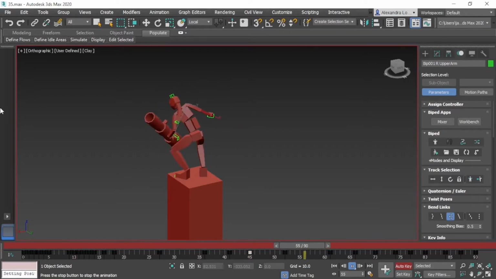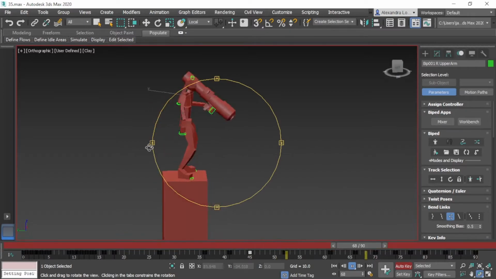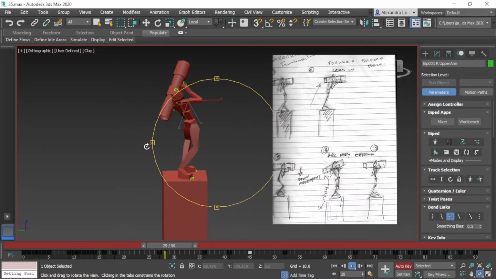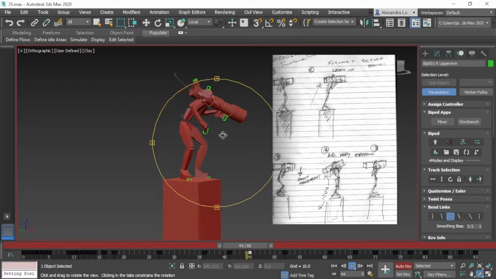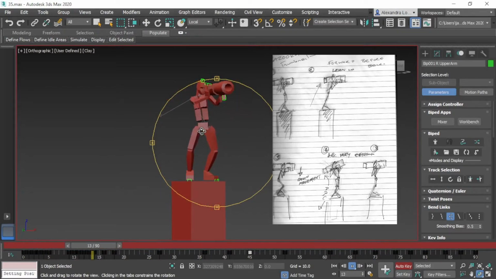Another quick thing we talk about is that before I did this animation, I actually did thumbnails. It is important to do thumbnails. You don't have to do thumbnails that are really detailed or anything. I usually do stick figure animations.